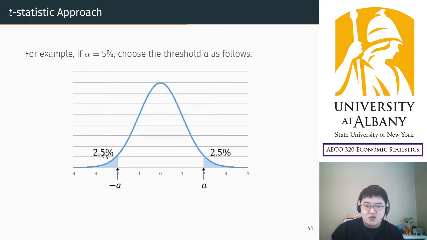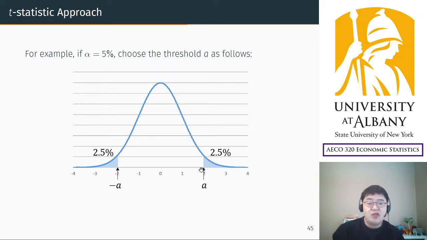The shaded area is the collection of the most unlikely outcomes, within the top 5%. On the right side, 2.5%, and on the left side, 2.5%. And what you have to find is this value, this a, the top 2.5% value, or 97.5% from the bottom.